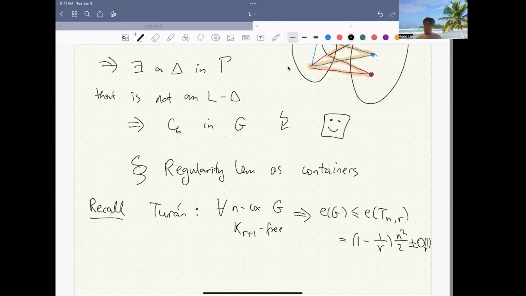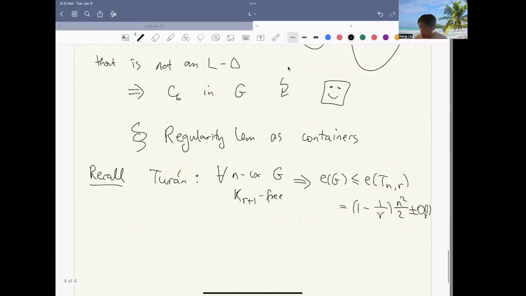we want to know, the problem we consider now is counting the number of K_{r+1}-free graphs on a fixed set of vertices. So we should count labeled graphs.